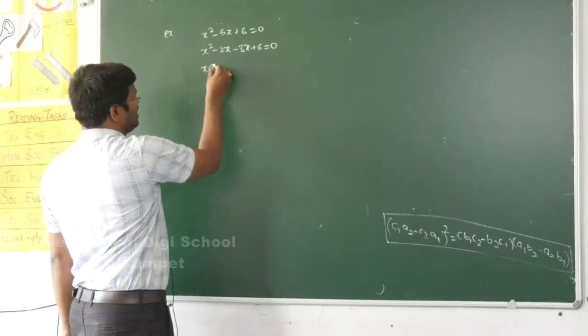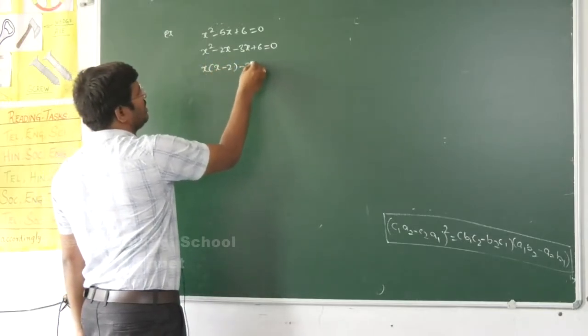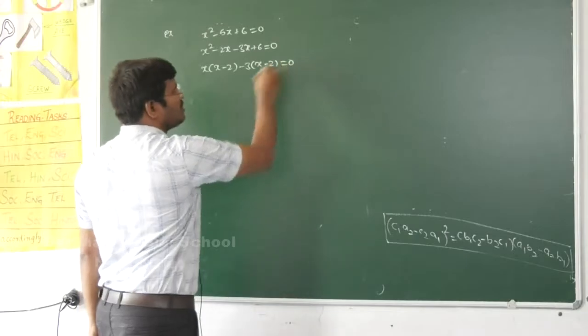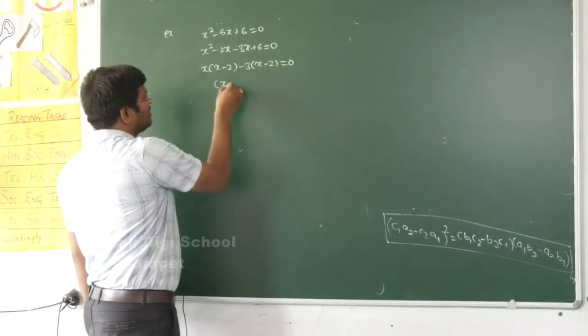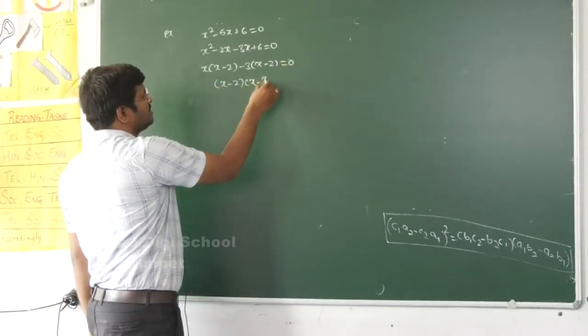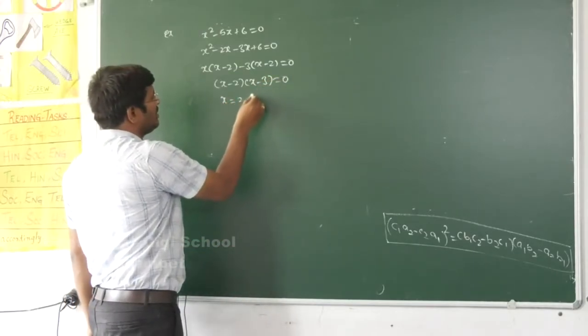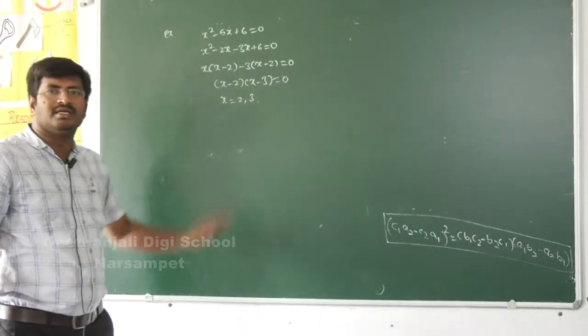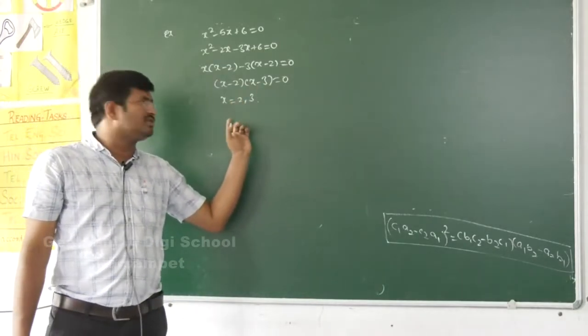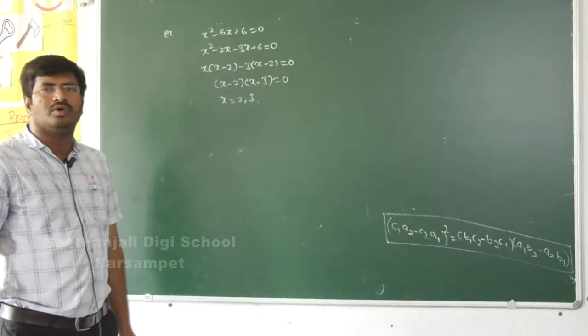X common, x minus 2, minus 3 common, x minus 2 is equal to 0. Then (x minus 2) into (x minus 3) is equal to 0. So x is equal to 2, 3.